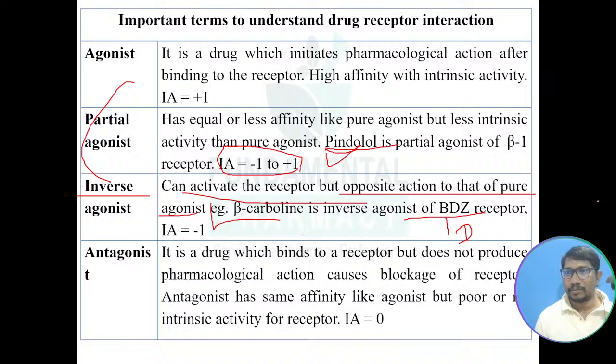By interacting with the benzodiazepine receptor, diazepam causes depression of the CNS. But beta carboline, as it is the inverse agonist, will combine with the benzodiazepine receptor and cause CNS stimulation, the opposite effect to that of the pure agonist.